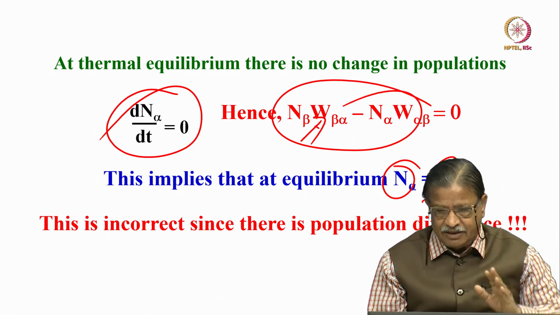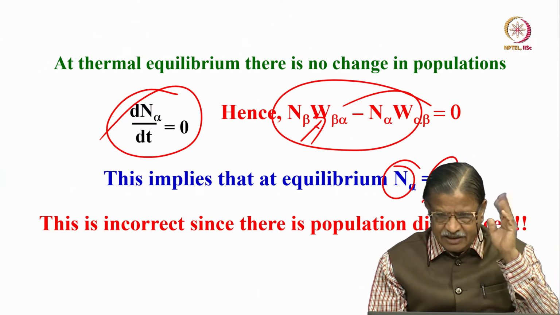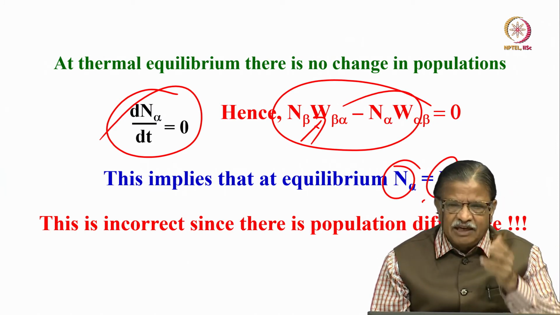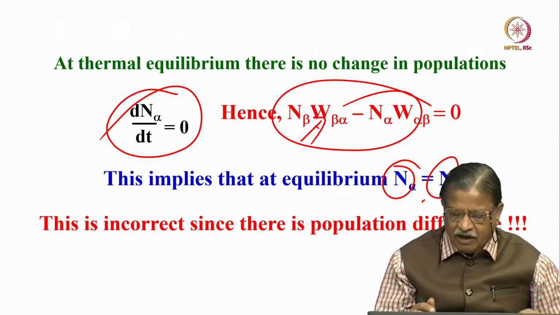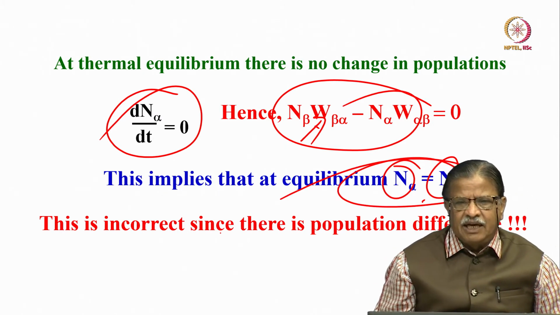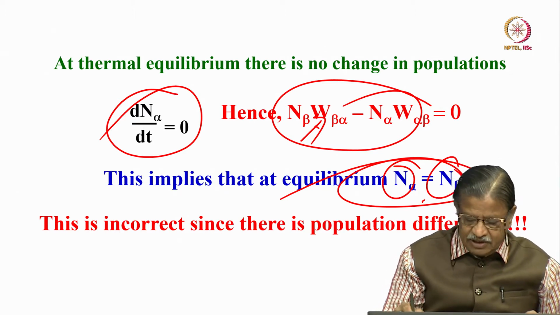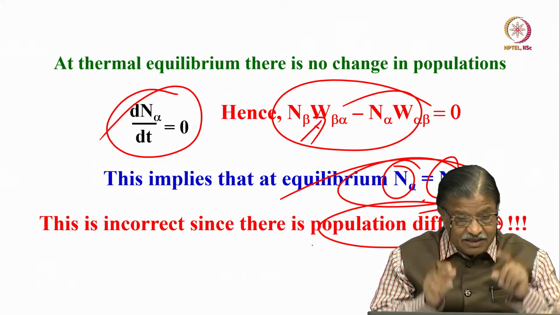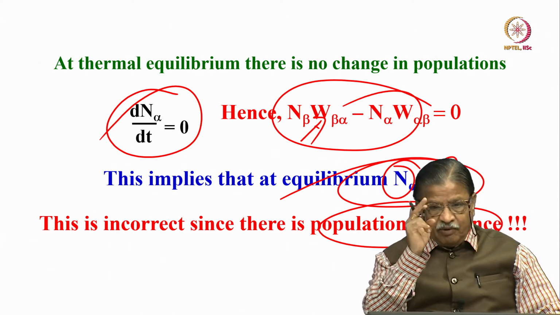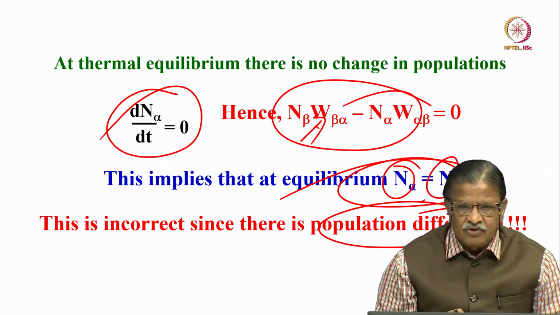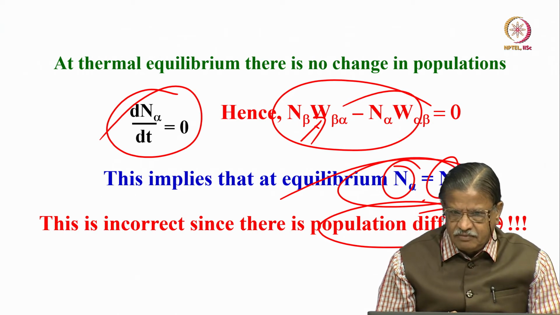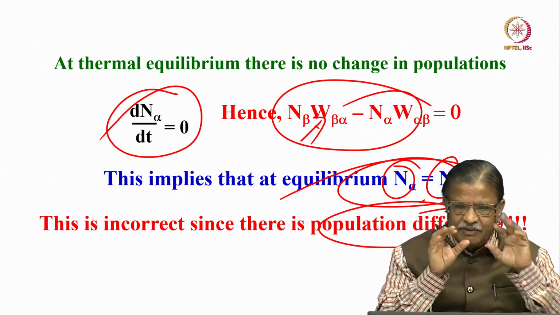We know there is a net population along the z-axis, an equilibrium population that we are always detecting in NMR. But according to this equation, n alpha is equal to n beta, there is a saturation state after some time. So this is incorrect. There is a population difference, but according to this, there is no population difference. It is wrong. So my assumption is wrong. Something is wrong in my equation or my understanding.